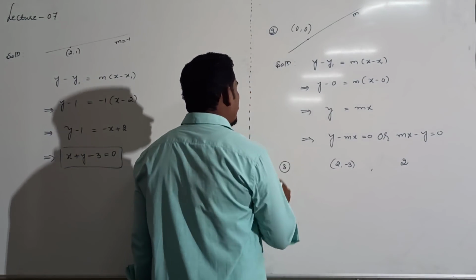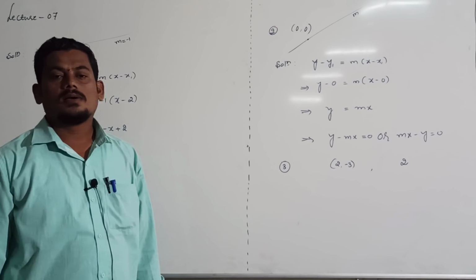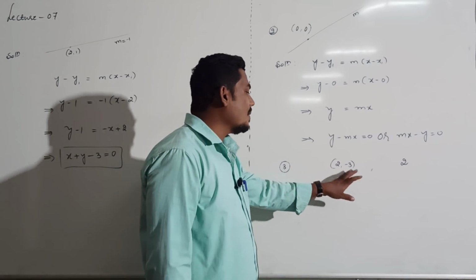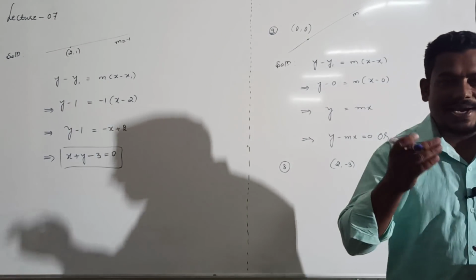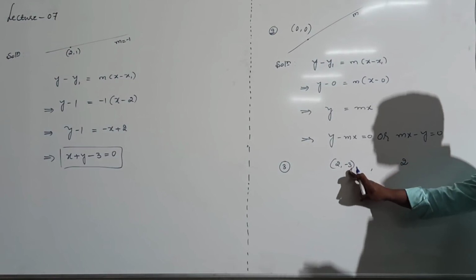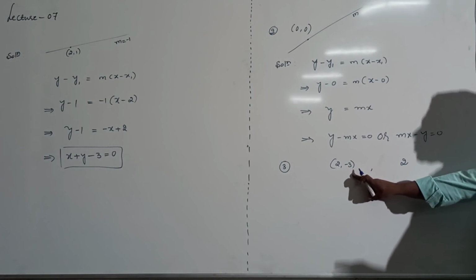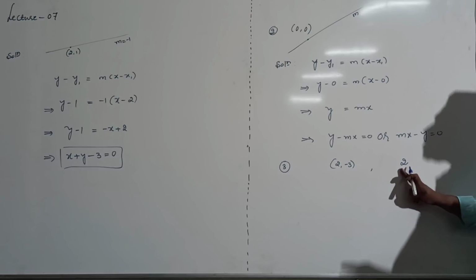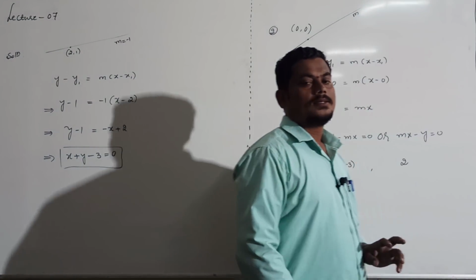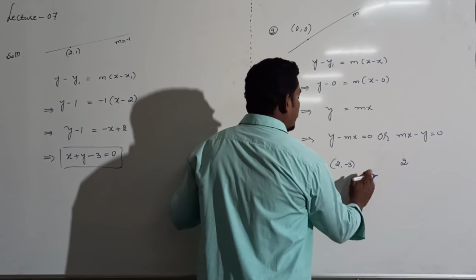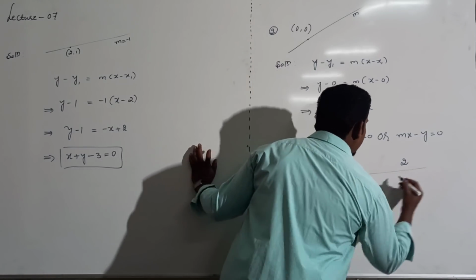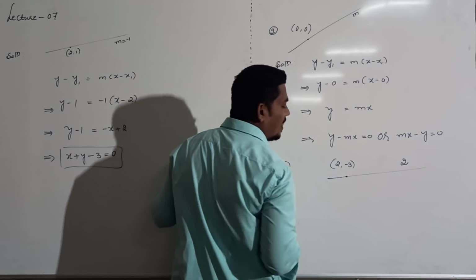Our required line passes through this point, right? Passing through (2, minus 3) with slope 2. This is our required line.